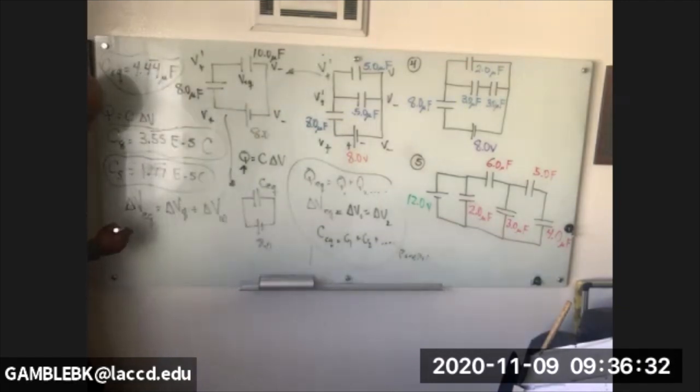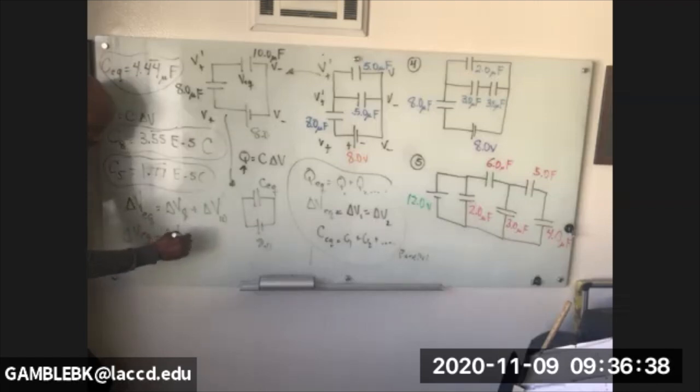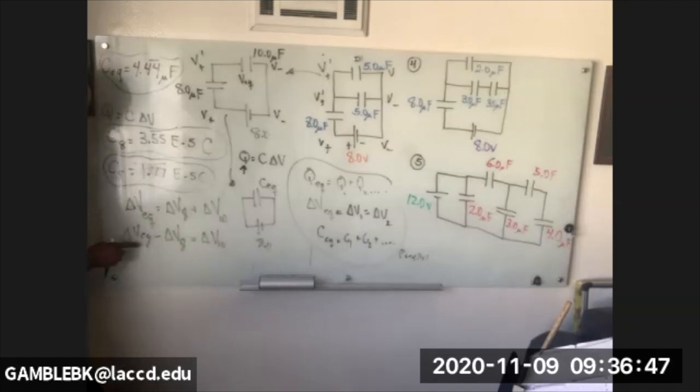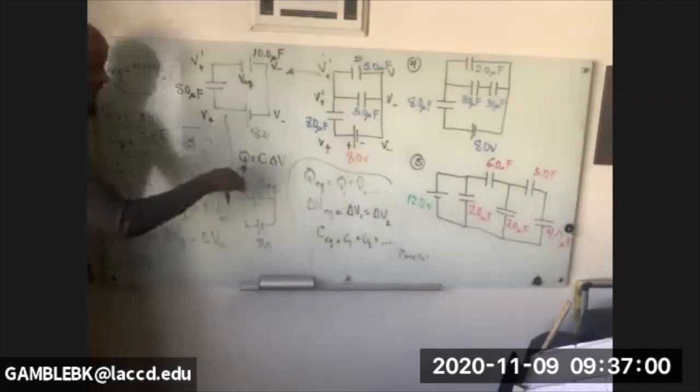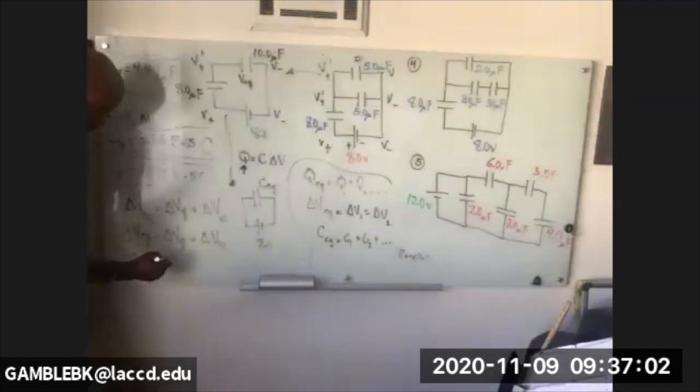So it's going to be delta V equivalent minus delta V8 equals delta V10. Delta V equivalent is just the battery, that's 8. So that's 8.0 volts minus, now this guy, I can use the definition of capacitance.